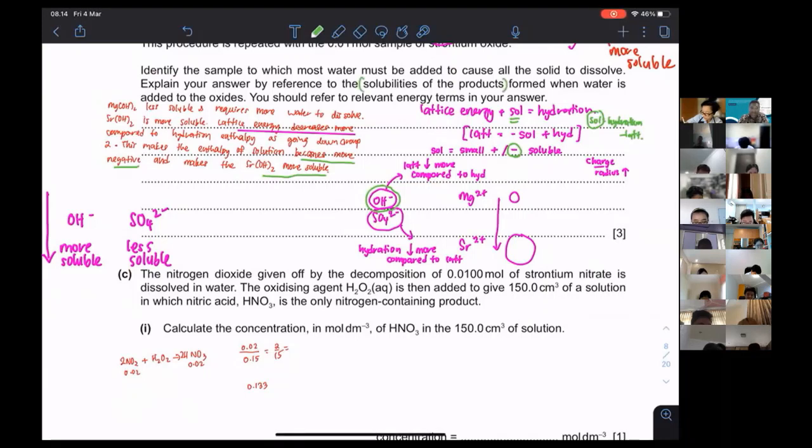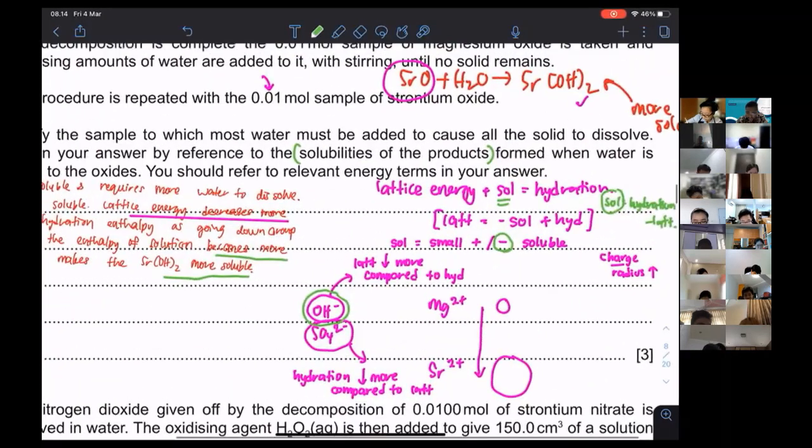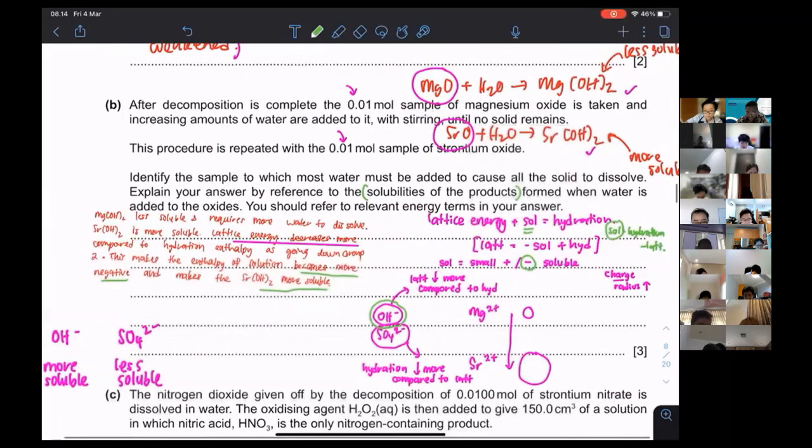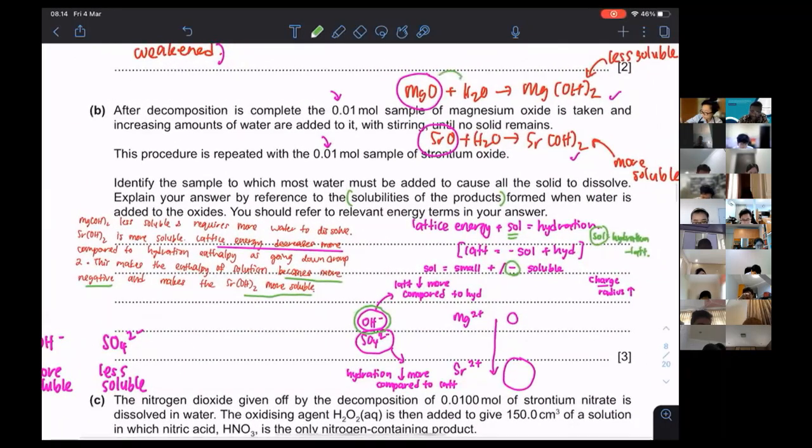Solubility of product. So they ask you which sample most water must be added to. Of course, most water must be added to the one that is less soluble. You add water, then this is less soluble, so of course you need to add more water so that you get something that is more soluble.